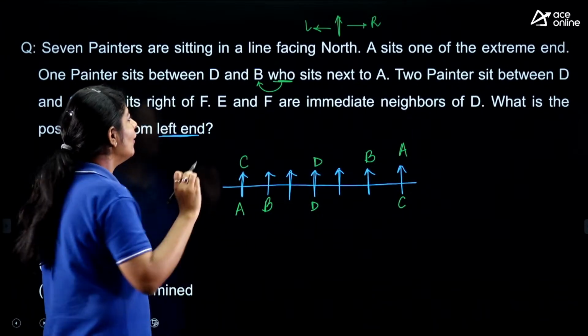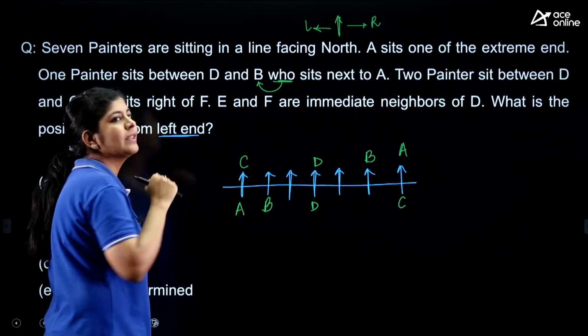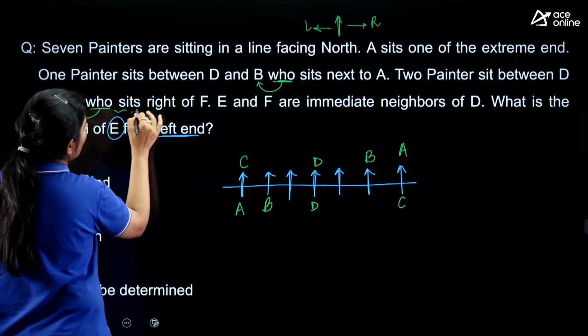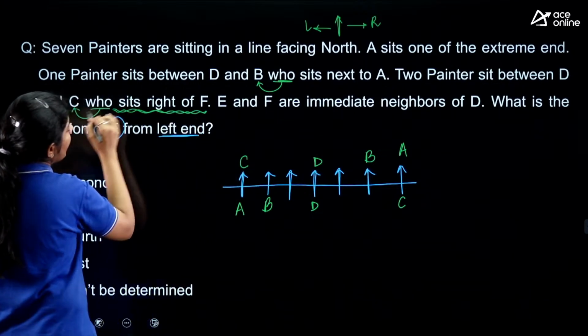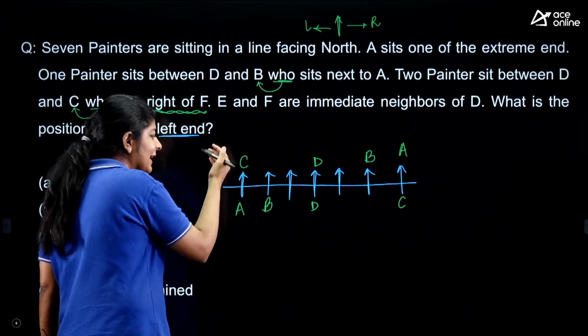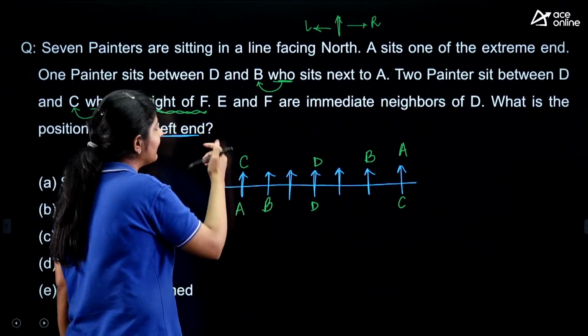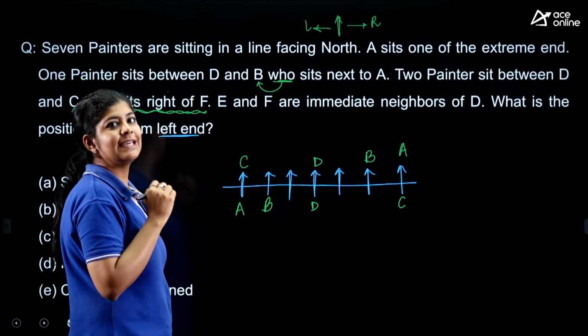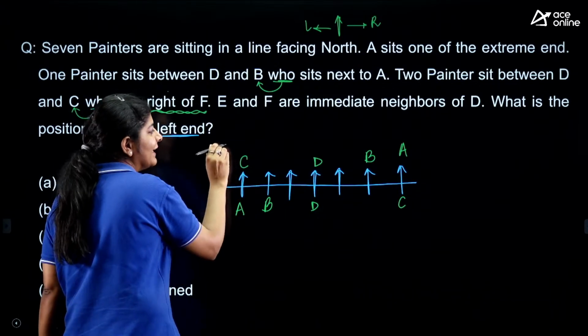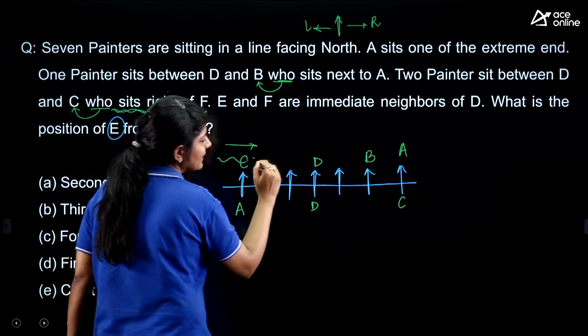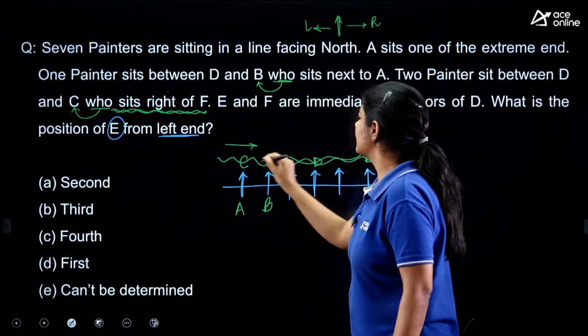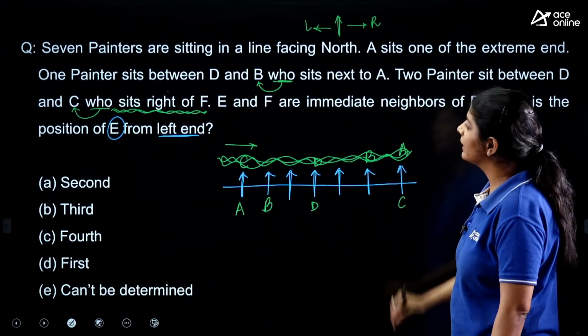But if we continue with the other case, this condition is not valid, as we don't have space for F so that C sits right of F, and right is in this direction. So this upper case is eliminated.